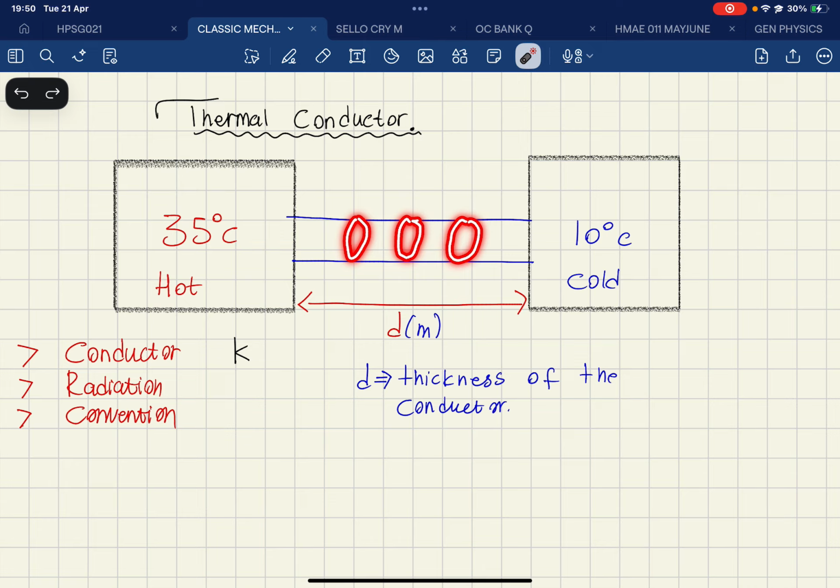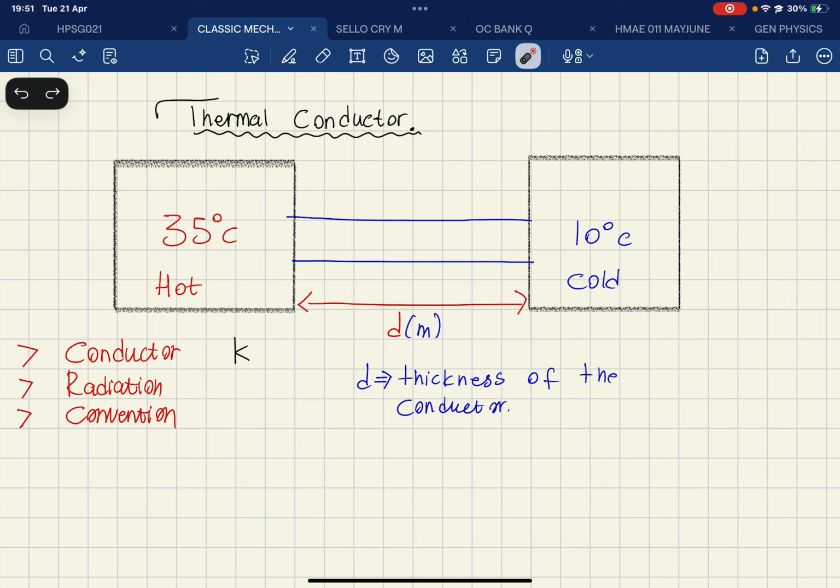When it is circular, the area will be equal to pi r squared. Remember the radius is half of the diameter of this circle. So we can be given the diameter or the radius of that conductor.